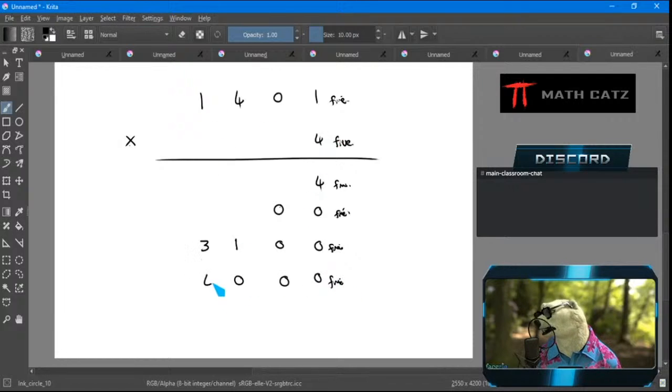4 times 1, 4. Yay, I get some more interesting addition. Barely. In the ones column I have a 4. Next column I have a 0. 1 plus 0 is 1. What is happening to my voice? 3 plus 4 is 7.